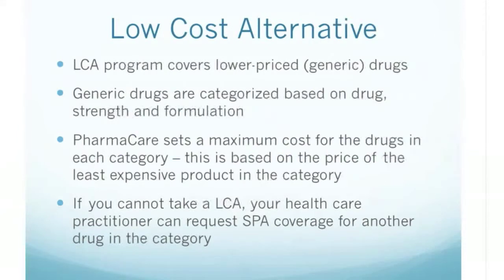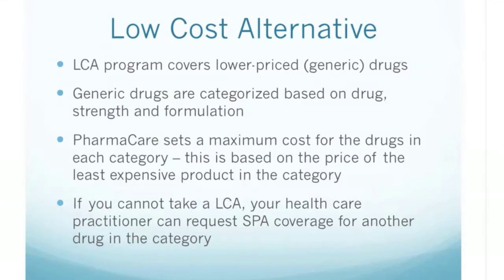So what Pharmacare does is it sets a maximum cost for the drugs in each category. This is based on the price of the least expensive products in the category. So for example, if there is a specific drug like ibuprofen, at a strength of 200 milligrams in a tablet form, Pharmacare will find the cheapest ibuprofen with that strength in a tablet form and use that as the maximum cost that will cover for ibuprofen at 200 milligrams in a tablet form.